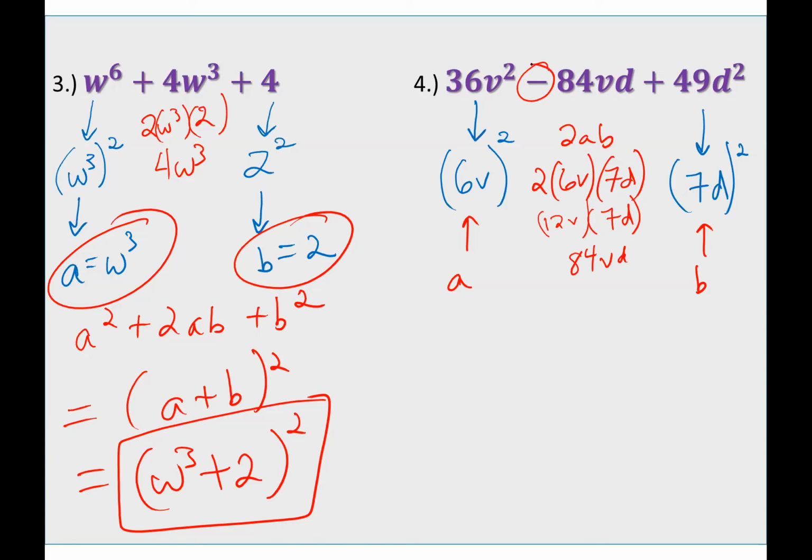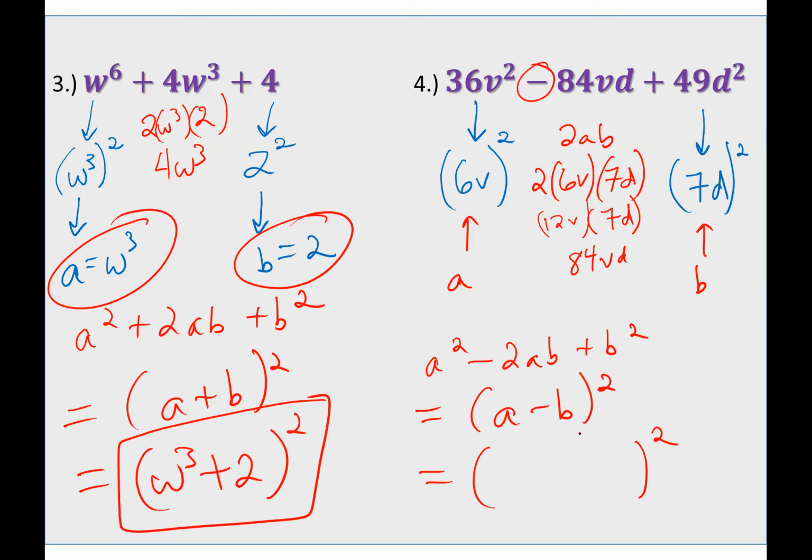This problem does have a minus sign, so a squared minus 2ab plus b squared. We can factor that using (a minus b) squared. A is 6v, so I'm setting up my final answer: parentheses, 6v minus, and then my b term is 7d. Close the parentheses and square it.